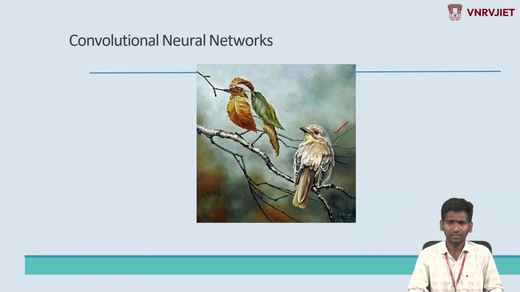That is not actually the true image of the bird. It is actually the leaves that are projecting to look like a bird. All these cases need to be considered while we are learning convolutional neural networks, because we humans can find out whether it is a true image, a false image, or a different image.